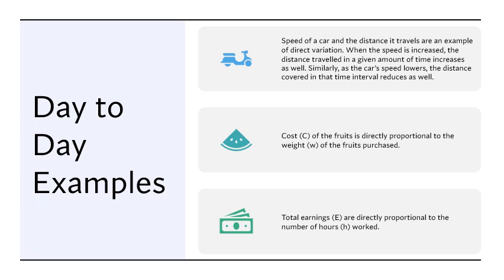Speed of a car and the distance it travels, an example of direct variation. When the speed is increased, the distance traveled in a given amount of time also increases. Similarly, as the car's speed lowers, the distance covered in that time interval reduces as well.